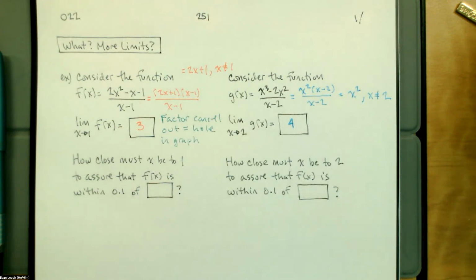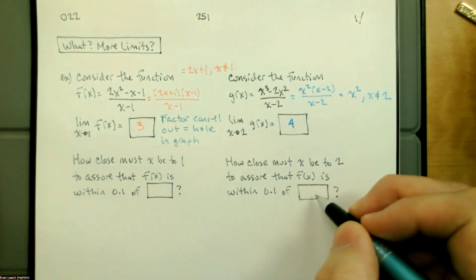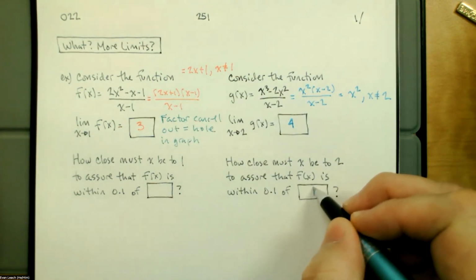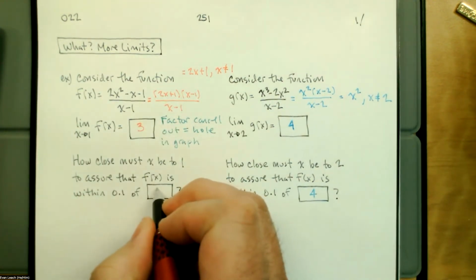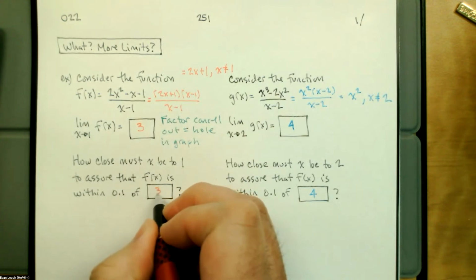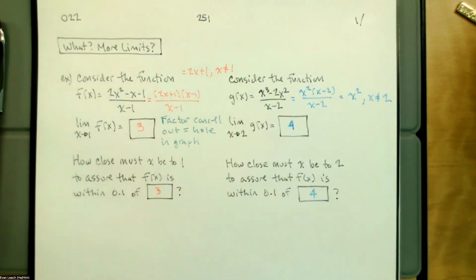The second part of the question: how close must x be to 2 to assure that f of x is within 0.1 of, in this case, 4? So here, we're playing with the definition of a limit.